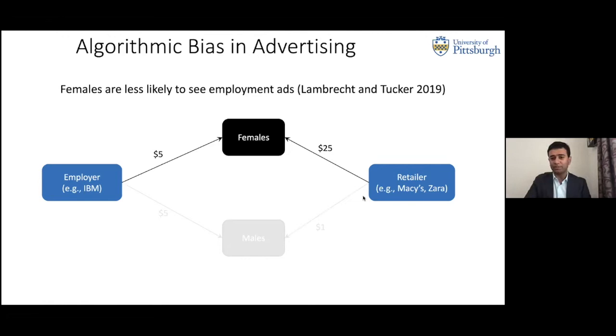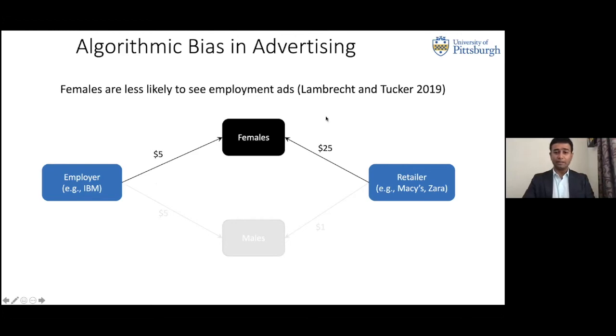So what happens is that the moment a female comes online, these retailers bid a very high value for these female impressions to show their ads to these females. On the other hand, there's an employer who is neutral between females and males, and that person bids the same amount for males and females, $5, for example, in this case.